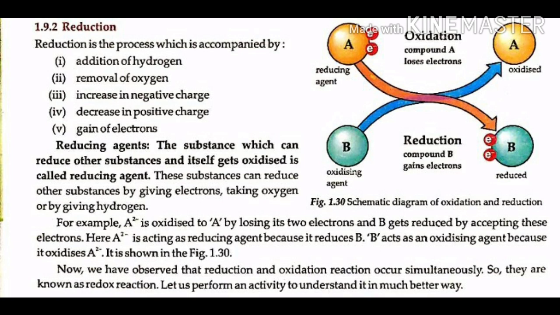For example, A2- is oxidized to A by losing its 2 electrons, and B gets reduced by accepting these electrons.